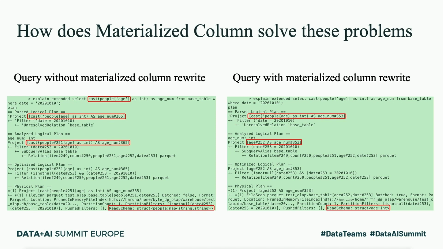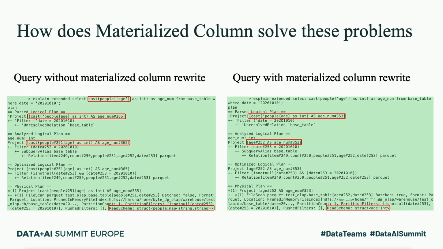Let's take a look at these 2 pictures. On the left side, the left picture shows the execution plan for the SQL without a materialized column rewrite. We just run EXPLAIN EXTENDED, SELECT CAST(people.age AS INT) FROM base table.